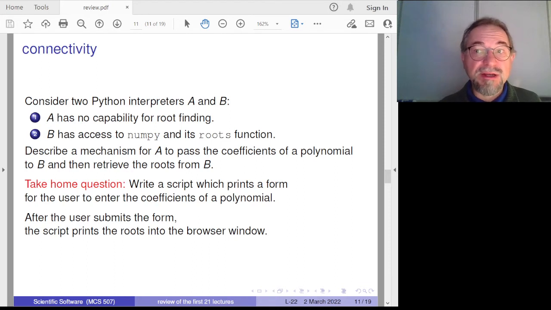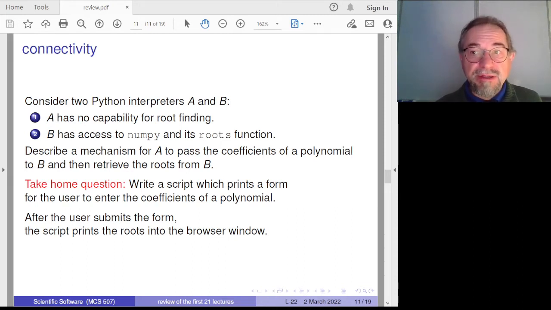You could think there is one old version of Python and then a newer version of Python that has not yet been extended with NumPy. So describe a mechanism for the Python interpreter that doesn't have the root finding capability to actually call the other Python interpreter.